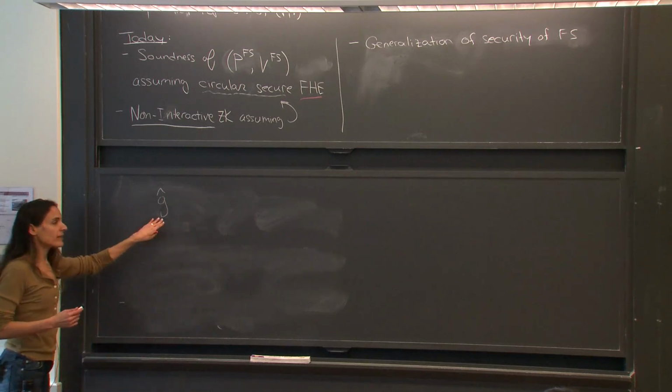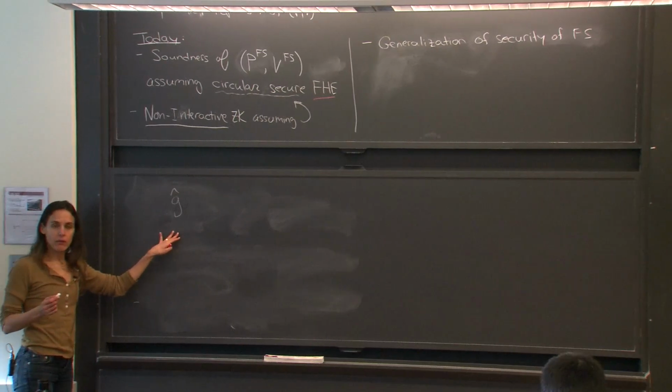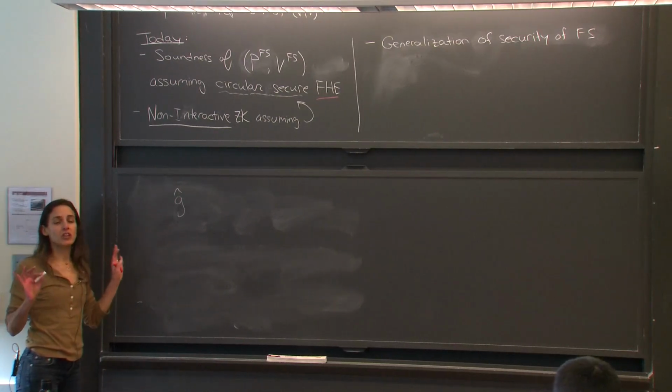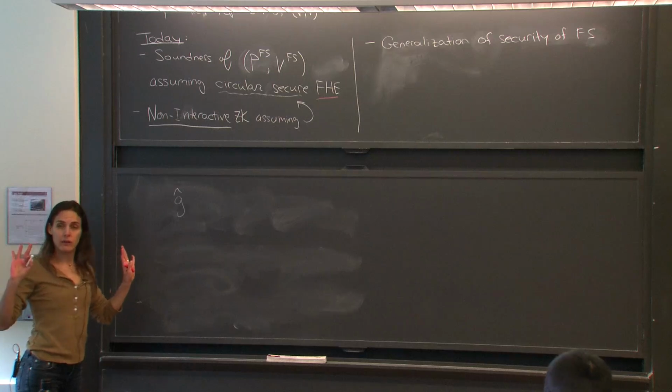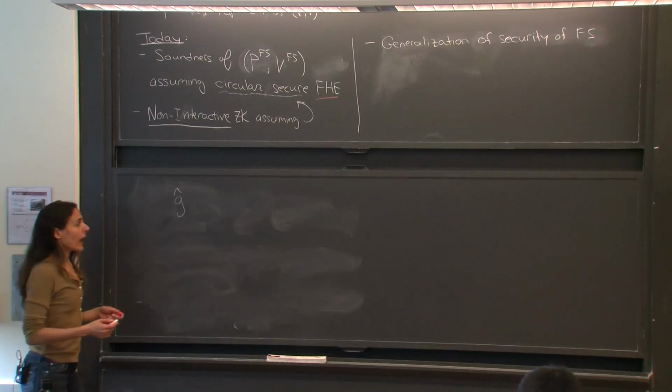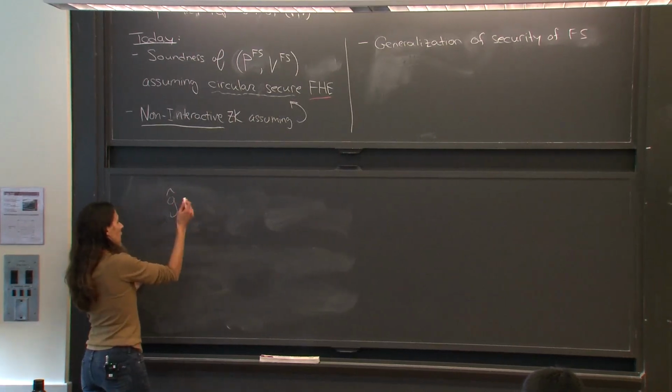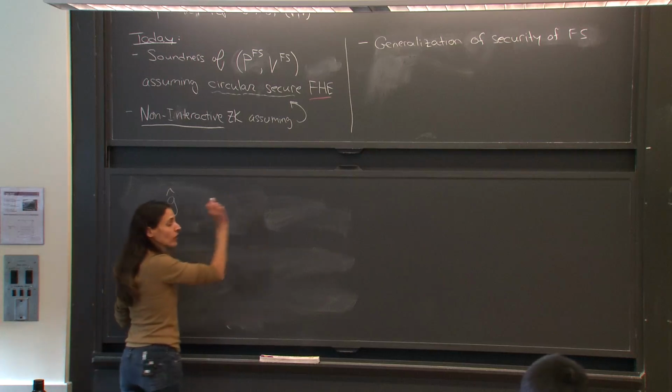Okay, so now they say, I'm going to encrypt a G. What's the G? We'll see. I'm going to encrypt a G, and here's their hash key.